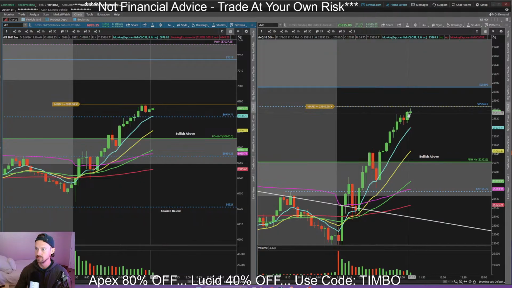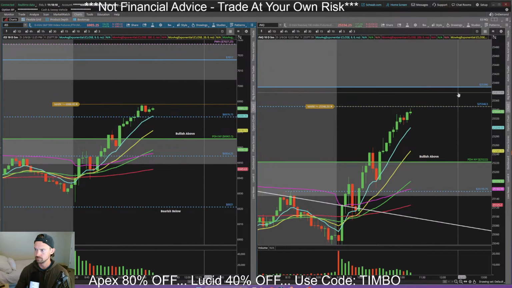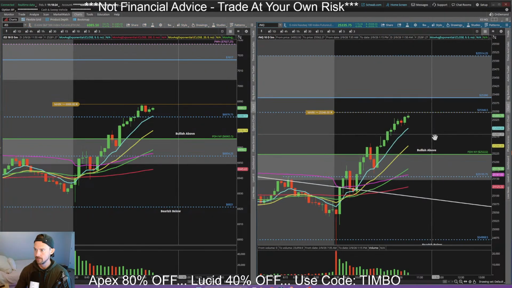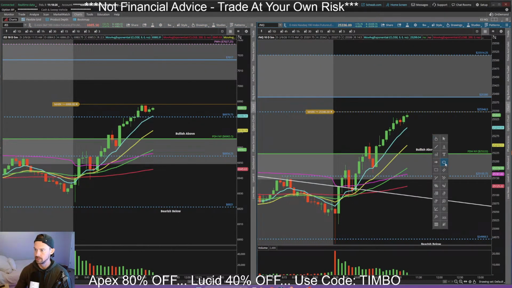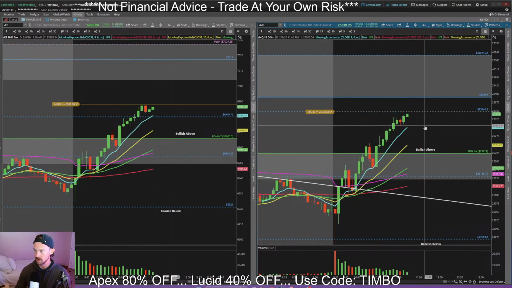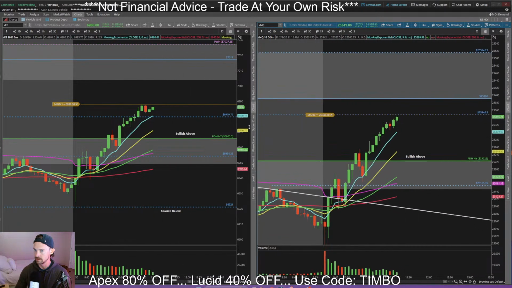NQ got really close to that overnight high here. But again, just got to be careful because we already had 1, 2 pullbacks. So third pullback is always a little bit dicier.